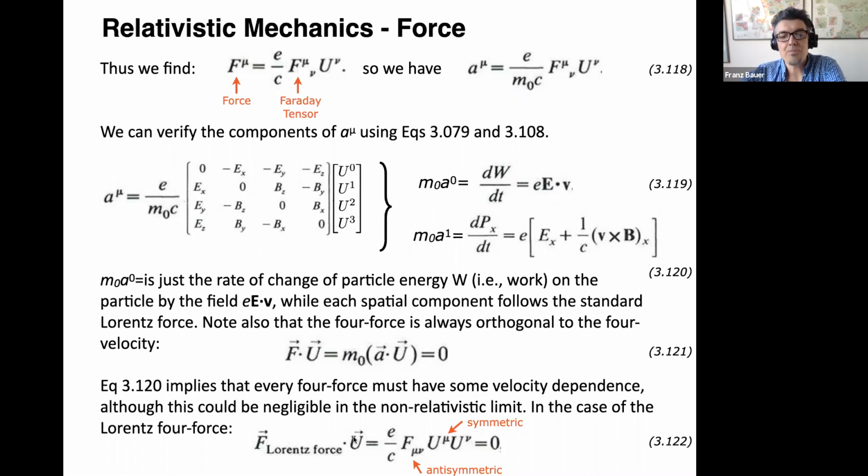Looking at this in detail, this dot product would be equal to this thing. This is the anti-symmetric version of it, and then we have to couple it with the symmetric version of it. And so when we apply this and multiply these two things, we end up with 0, sort of by definition.